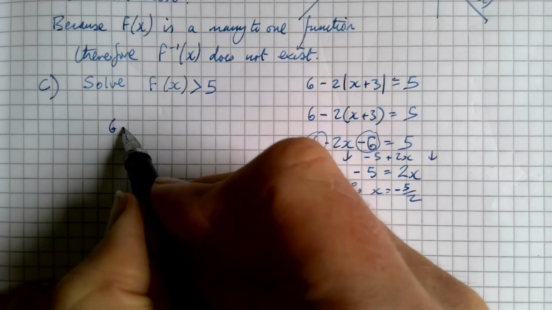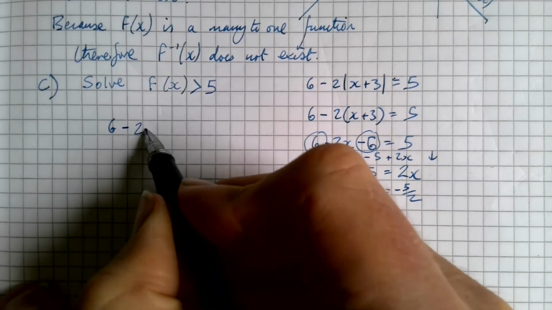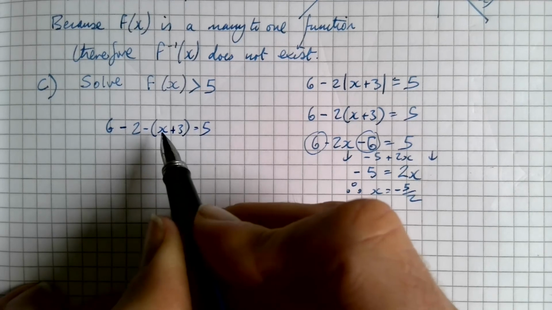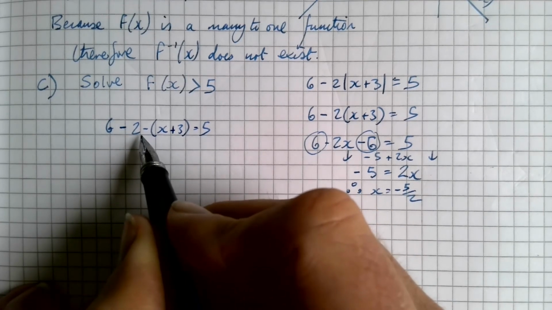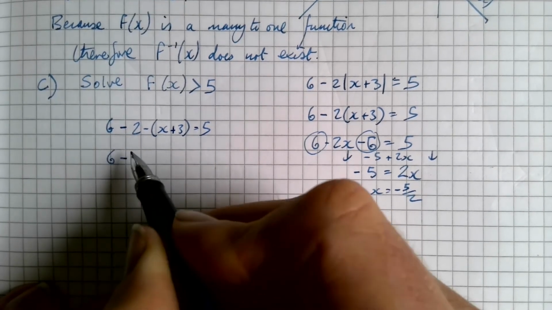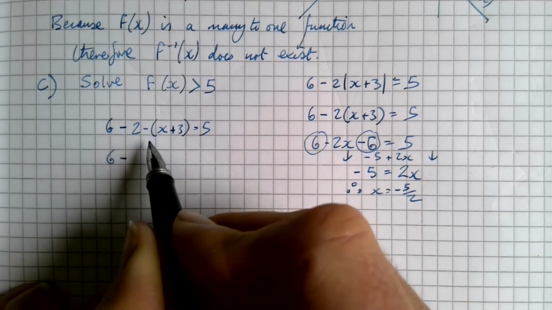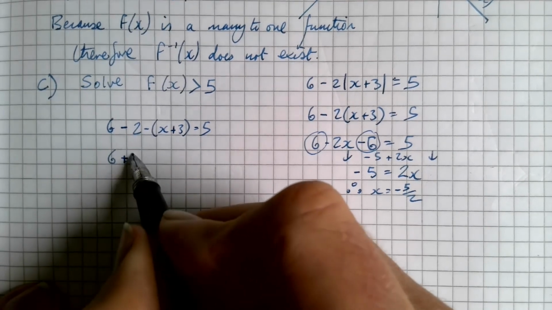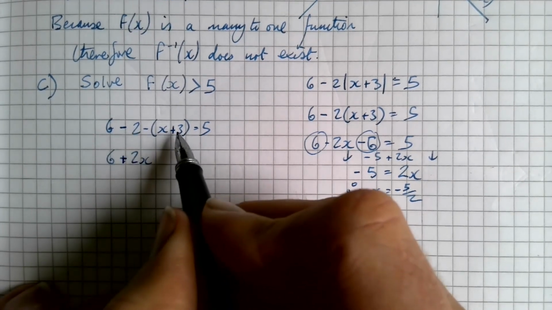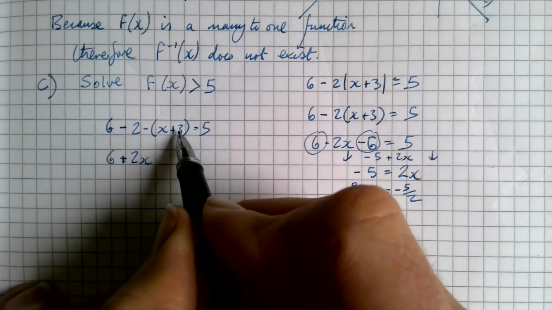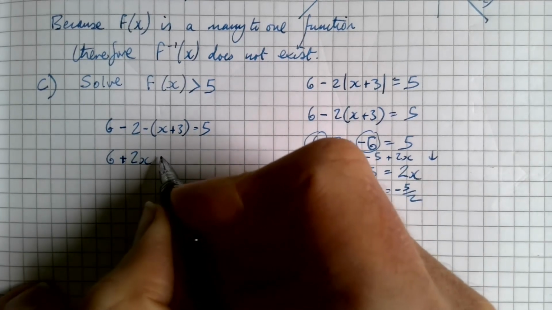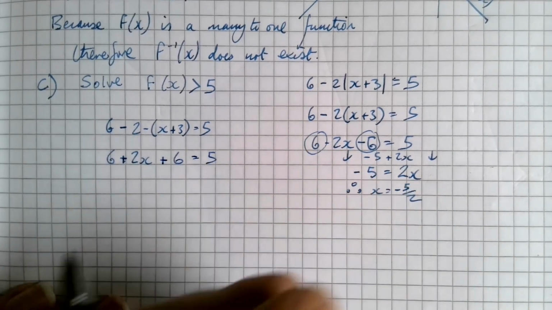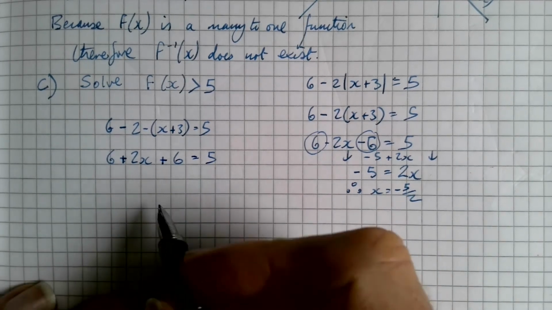Then if we do the same thing for if the bracket is negative, expanding this bracket, I'm going to have negative 2 times negative x is going to give me plus 2x. Negative 2 times negative 3 is going to give me plus 6 is equal to 5. 6 add 6 is 12, isn't it?